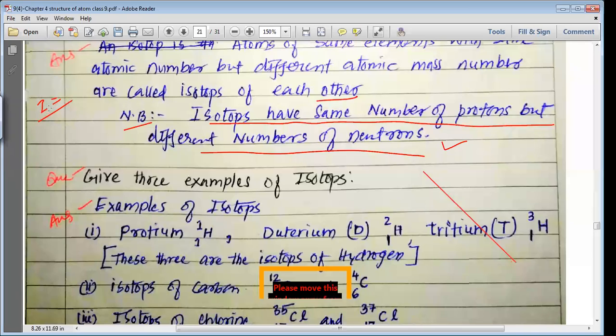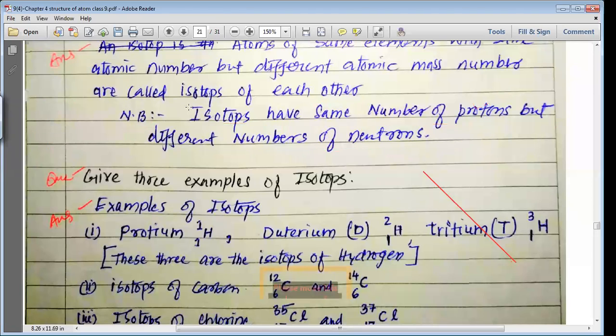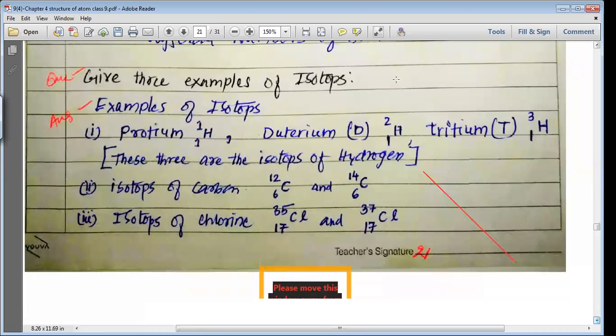Z is represented by number of protons, and that is why these two isotopes have same number of protons. But their A is different. That means their atomic mass number is different, because they have different number of neutrons. We can say that isotopes have same number of protons but different number of neutrons. So that is how we study about isotopes.